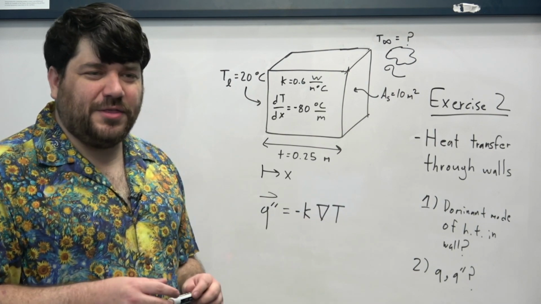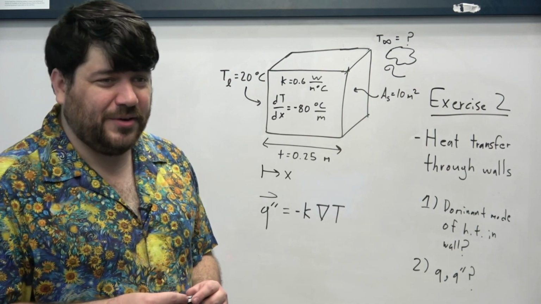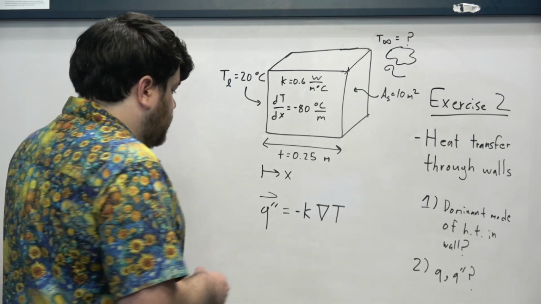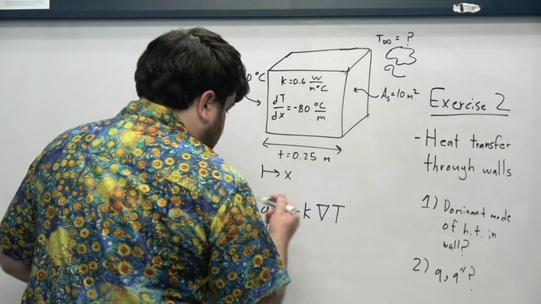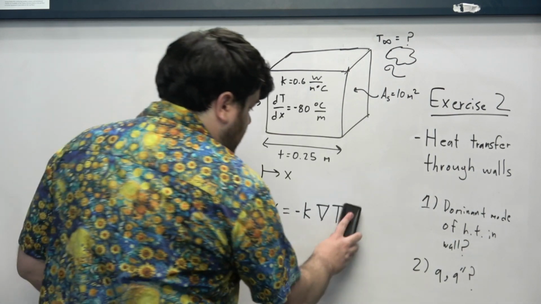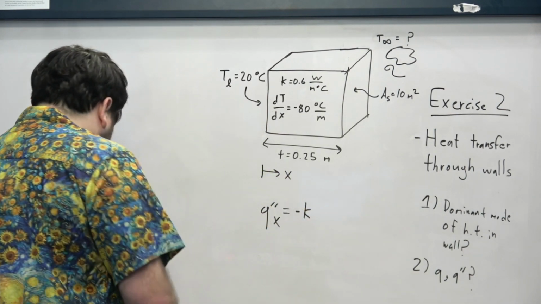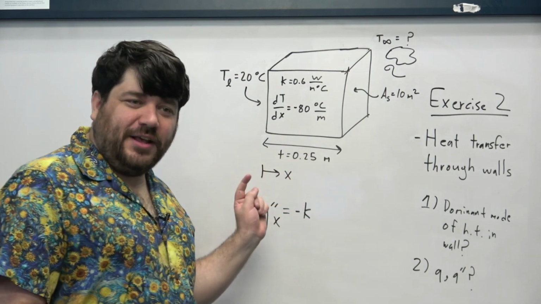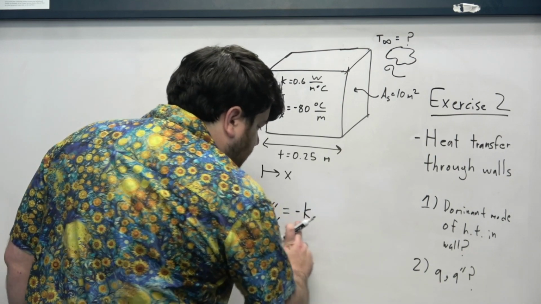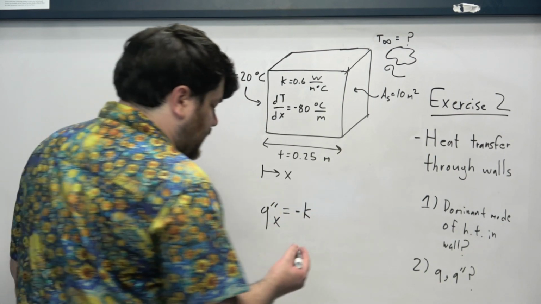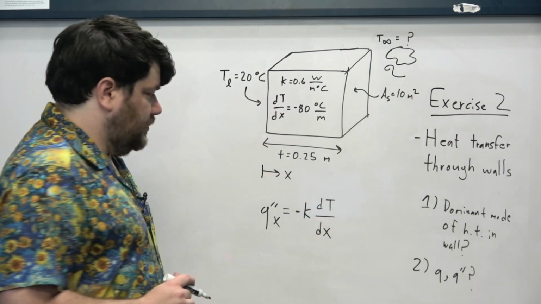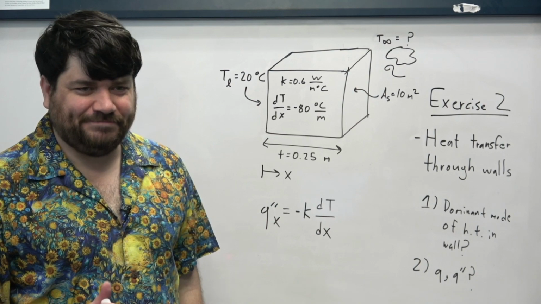We can replace this with the specific component version that we saw when we first started deriving this equation, which is just to say the following: the heat flux in the x direction, so the heat flux from left to right, is negative the thermal conductivity times dT/dx. Okay?